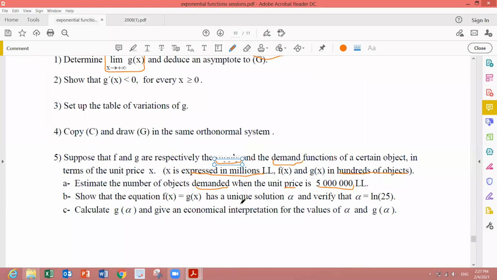Show that fx equals gx has a unique solution alpha and verify that alpha equals ln 25.